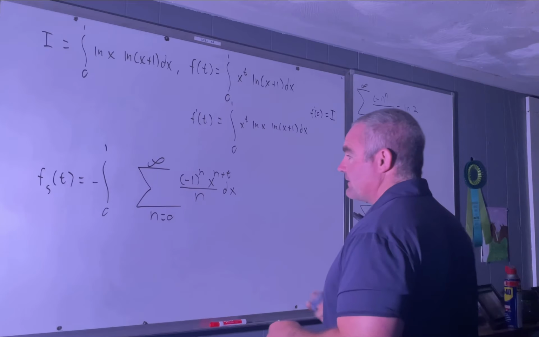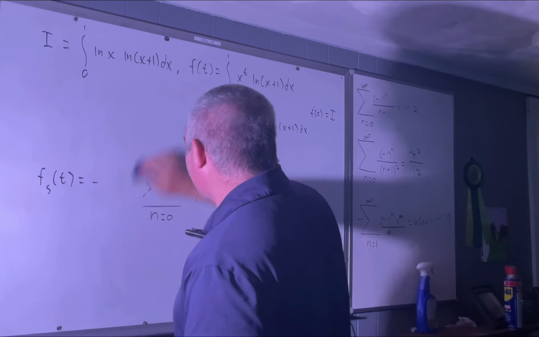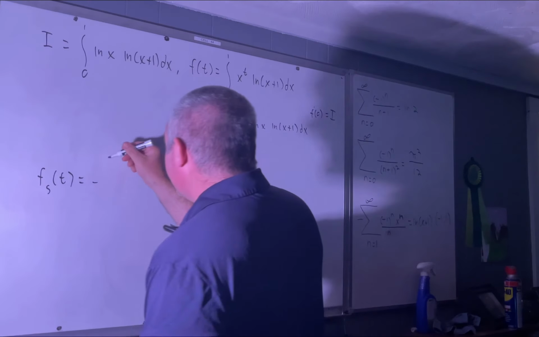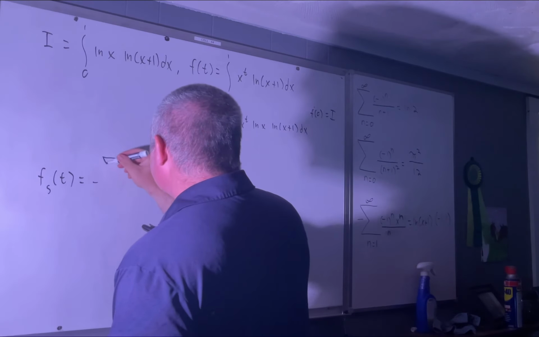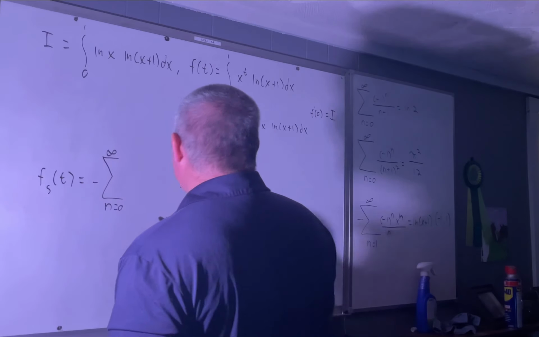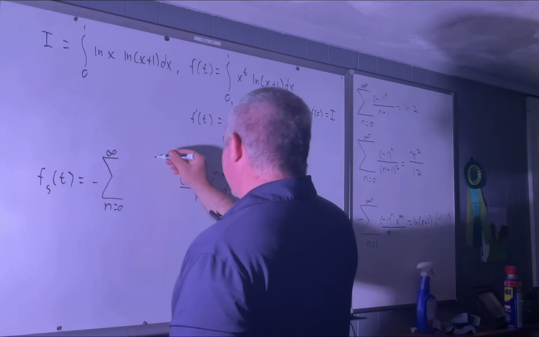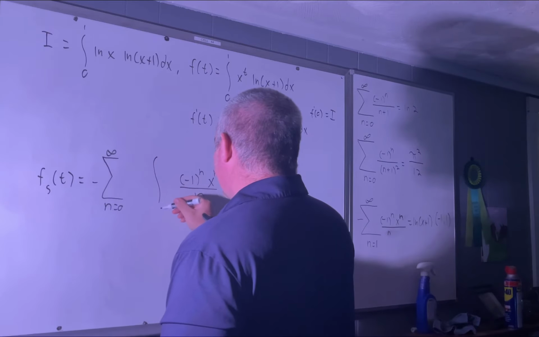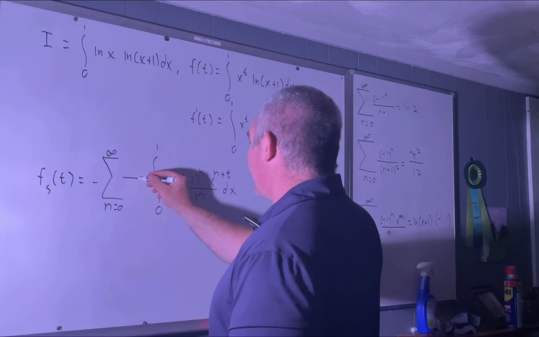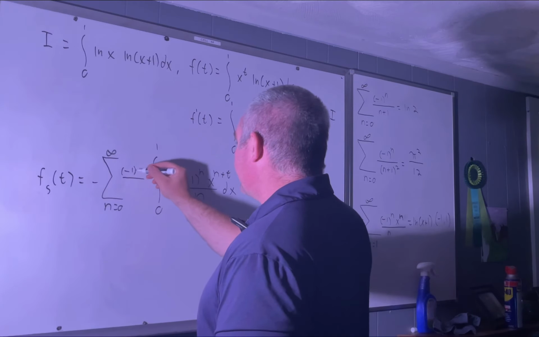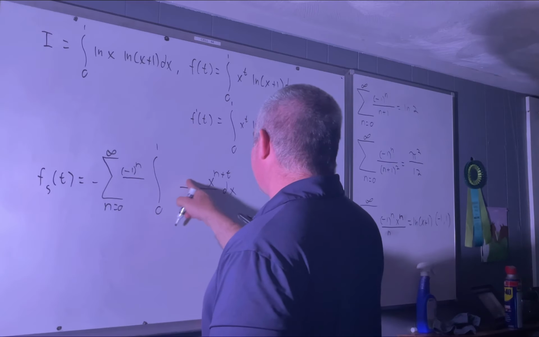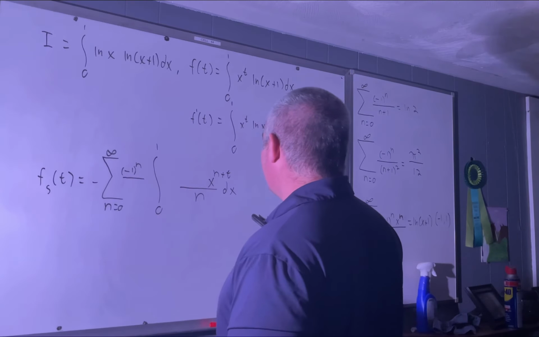All right, we can use Fubini's theorem to switch the integration and summation notations there. So let's do that. We'll have the sum going from n equals 0 to infinity on the outside. And then we'll also have an integral going from 0 to 1. All right, we'll take this negative 1 to the n outside of our integration because it does not depend on x.